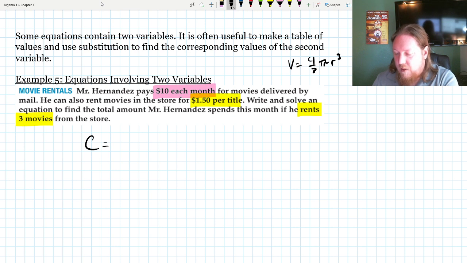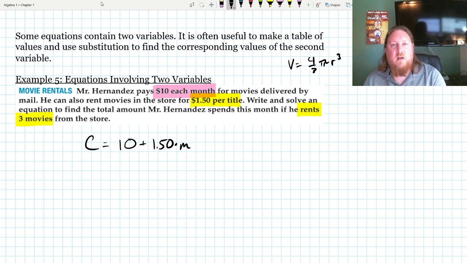Now, each month he spends $10, and that lets him get videos mailed to his house. But it costs $1.50 for every movie he goes and rents in person, we'll call that M there, for movies.